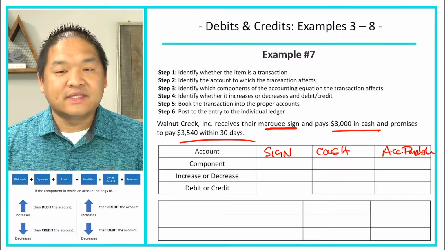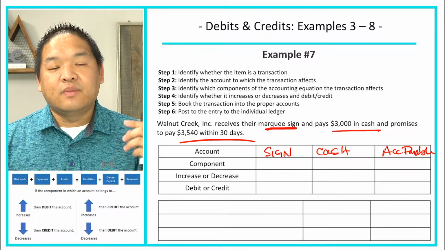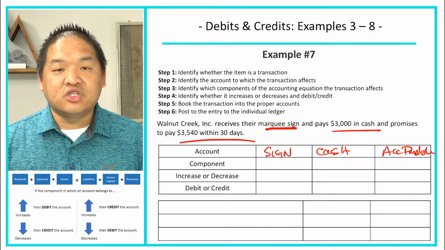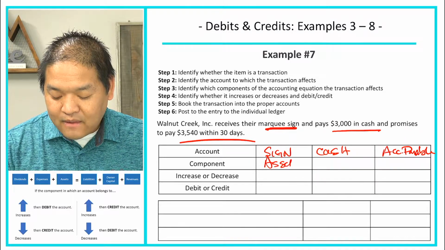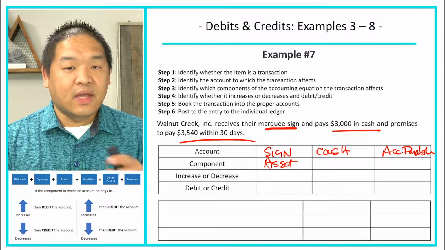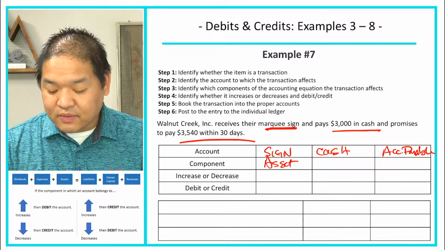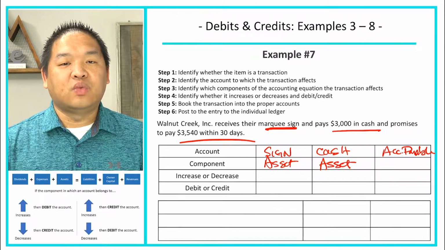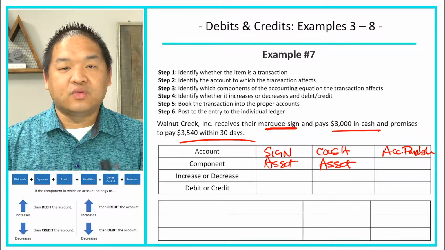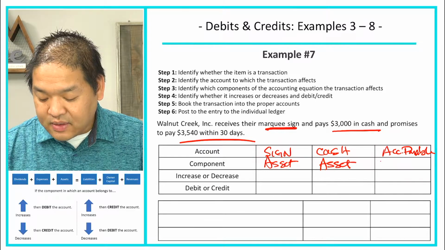All right, what component is sign? Well, a sign provides future benefit to the organization long term, so we're going to consider that an asset. What about cash? Well, cash we know from previous examples is an asset as well. And then accounts payable is what we owe, and if it's what we owe, then it becomes a liability.